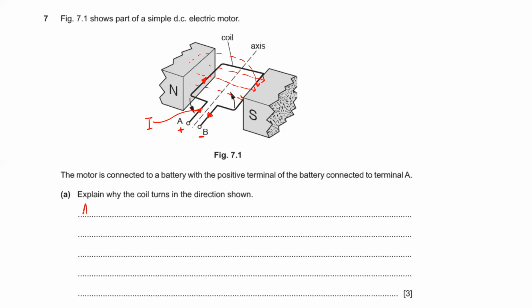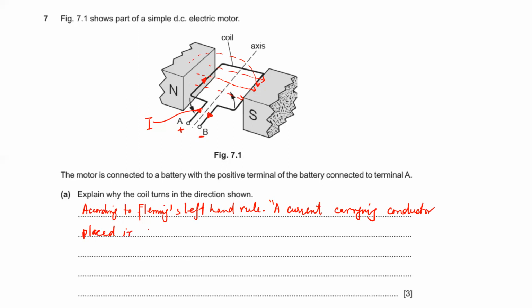So we can simply write that according to Fleming's left hand rule, which states that a current carrying conductor placed in a magnetic field such that the plane of the conductor is perpendicular to the magnetic field.